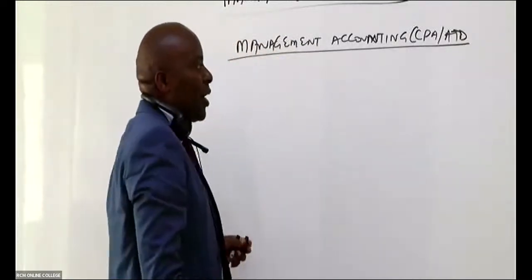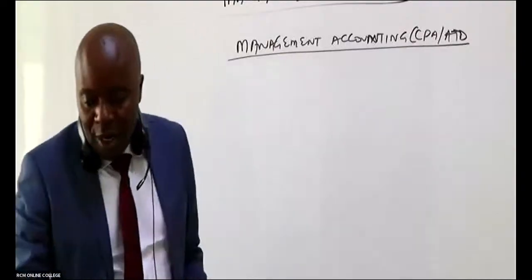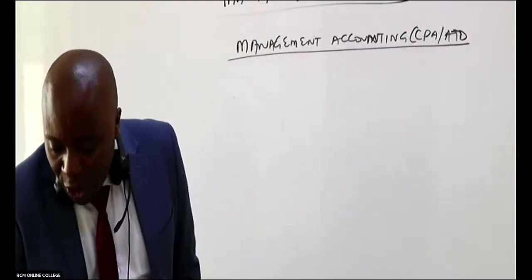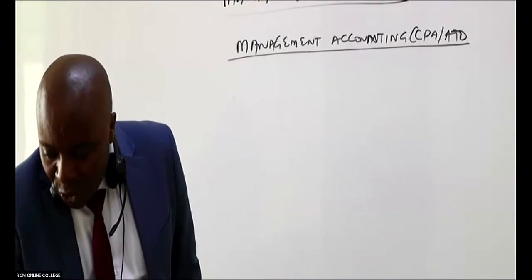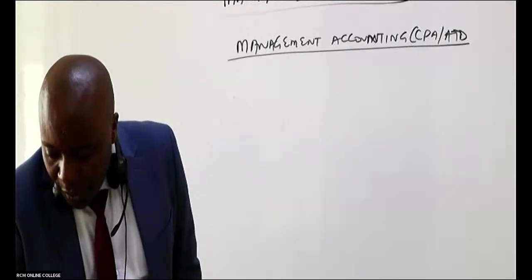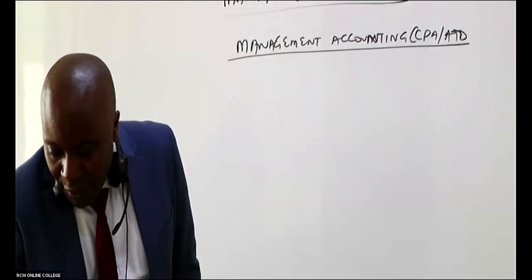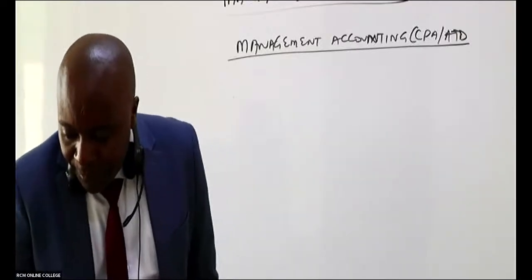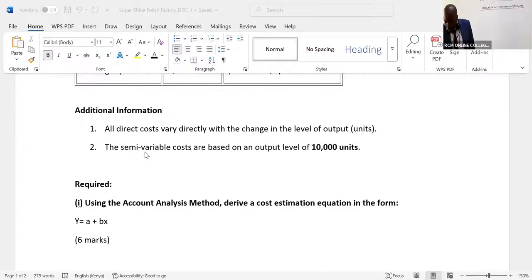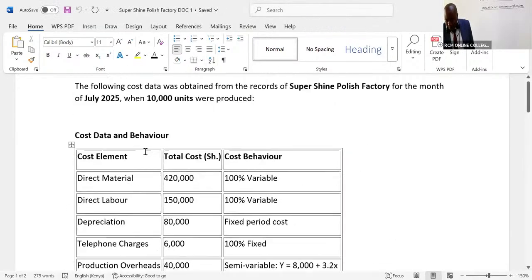And if it's semi-variable, it has to be broken down. So in this question, we have our costs here, which we must write down all of them the way they are.